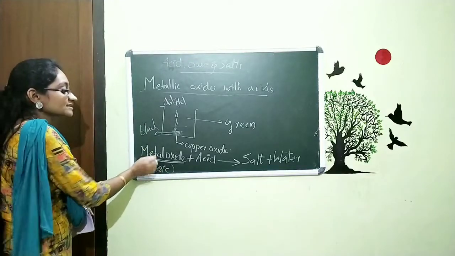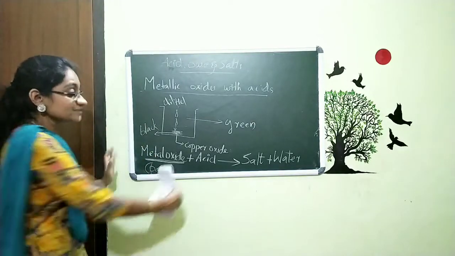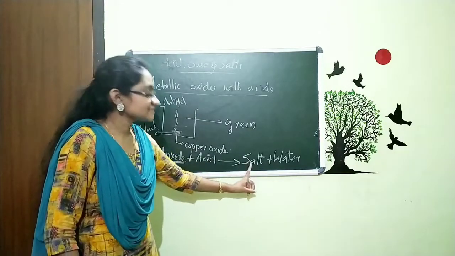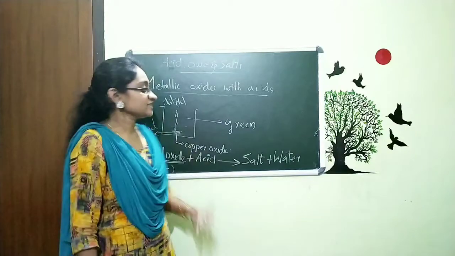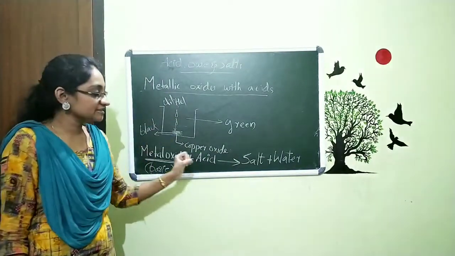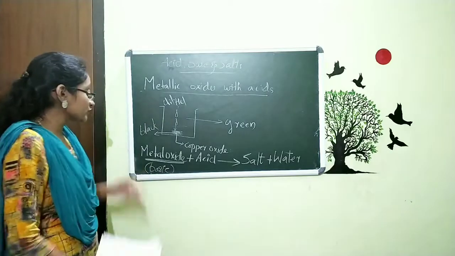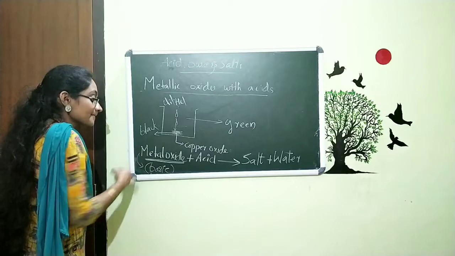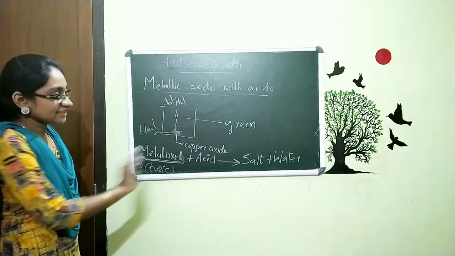The metal oxide is basic in nature, and this base and acid react together, and that's how we get salt and water. This is the general equation. First of all, you have to study the general equation, and in your mind you have to put that metal oxide is basic in nature. So that is the first thing.